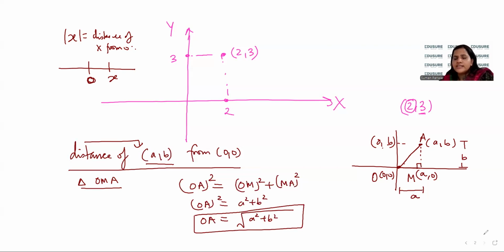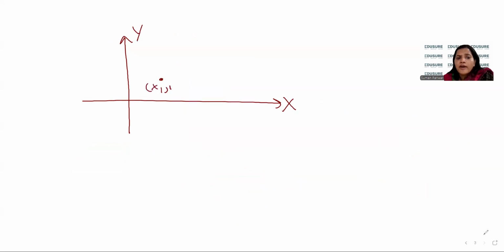Now, to generalize it, suppose you have 2 points. So let's have a formula for distance between 2 points in a coordinate plane. So suppose we have x1, y1, and here we have x2, y2. This is the point A, this is the point B. Now suppose we want to find out the distance AB.